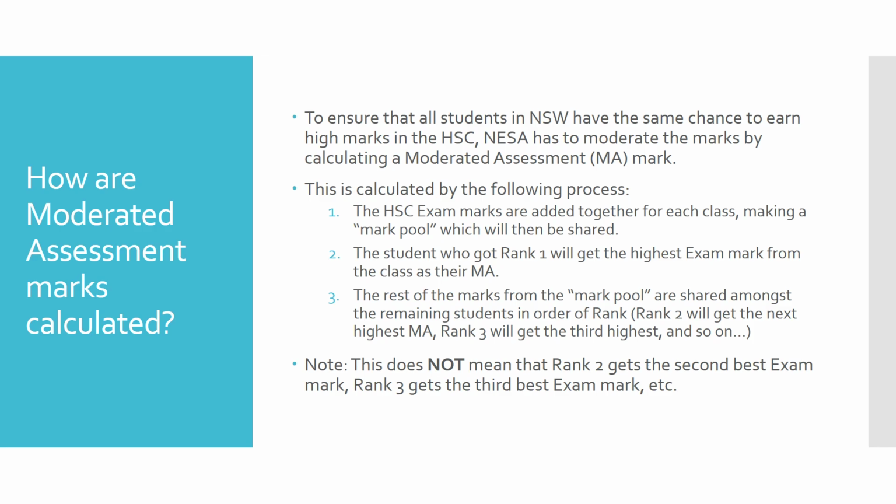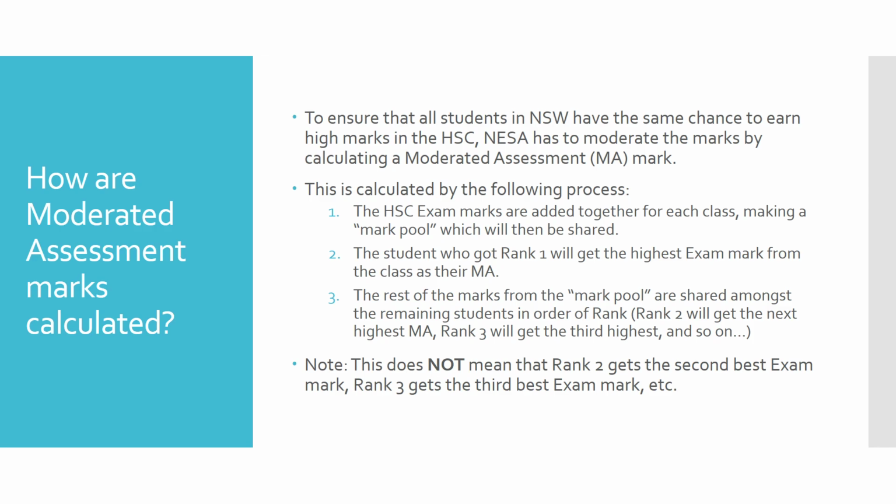I just want to make a quick note because there is an idea, an old wives' tale, about how this works. Even though rank 1 does get the best exam mark, that does not mean rank 2 would get the next best exam mark and rank 3 would get the next best exam mark. It doesn't work that way. The difference between each of the ranks goes based on the difference in the school assessment marks.